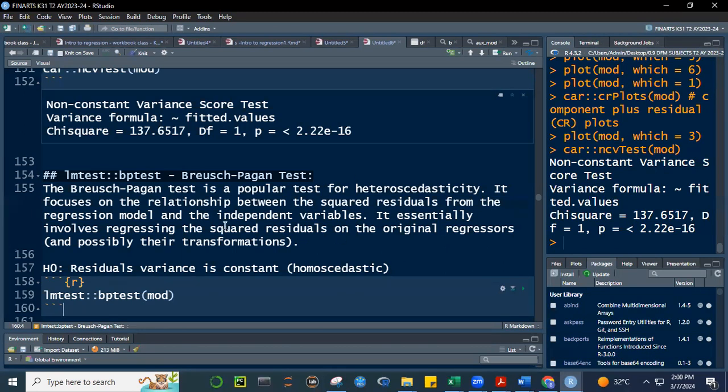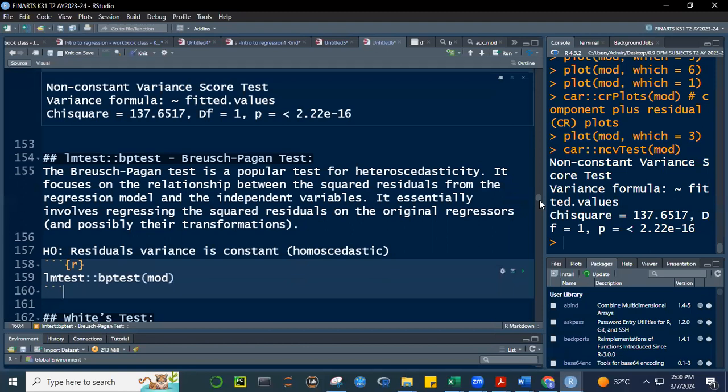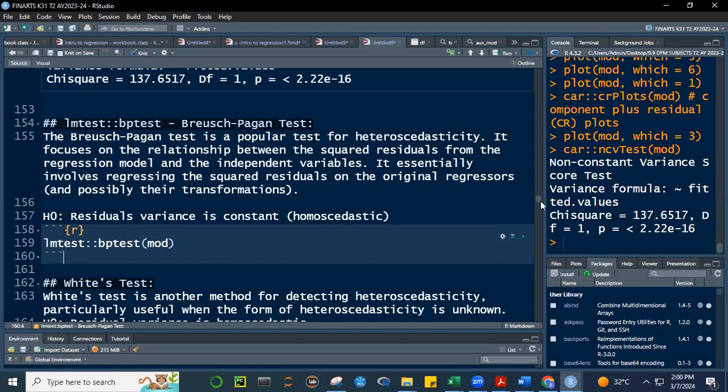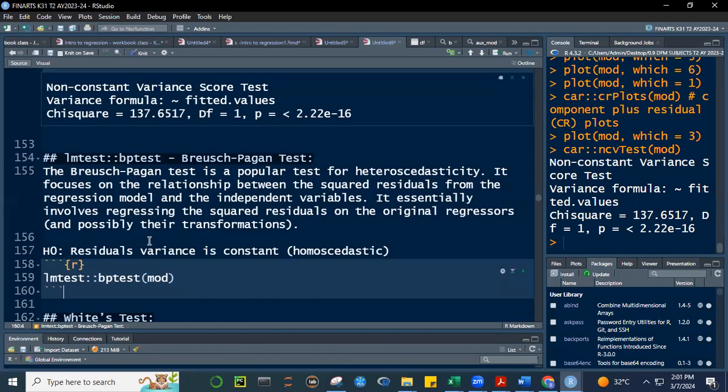So instead of the hourly wage, it regresses the squared residuals. Then it takes the ANOVA, and using the chi-square test, it finds out if there is a significant predictor or an overall goodness of fit. Okay?